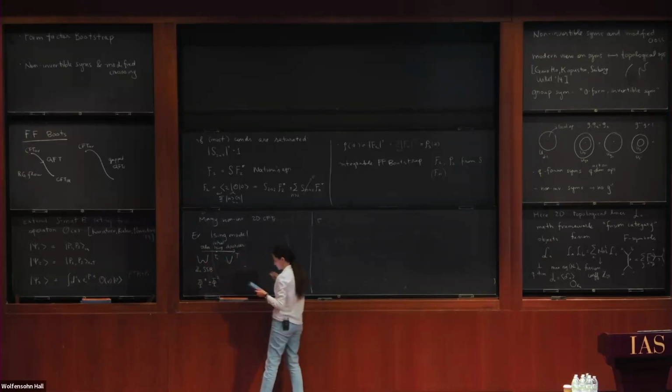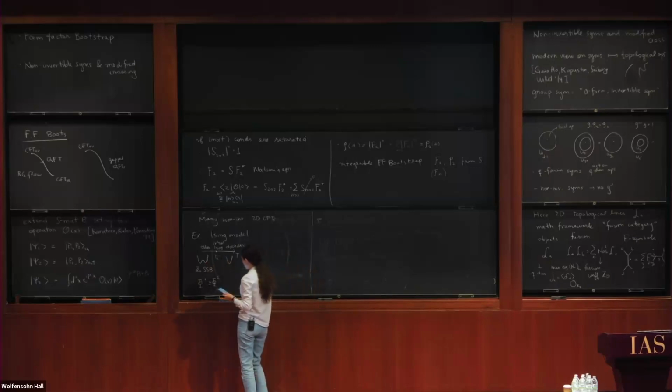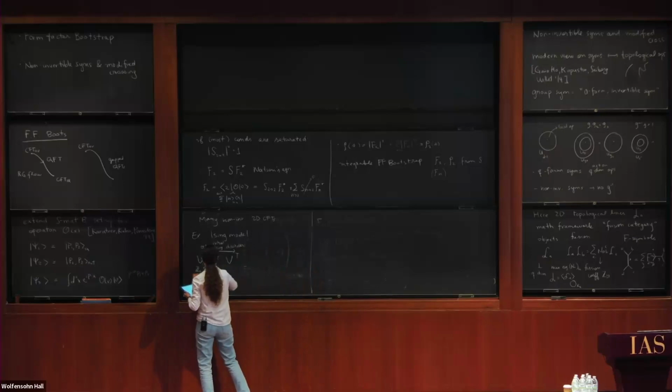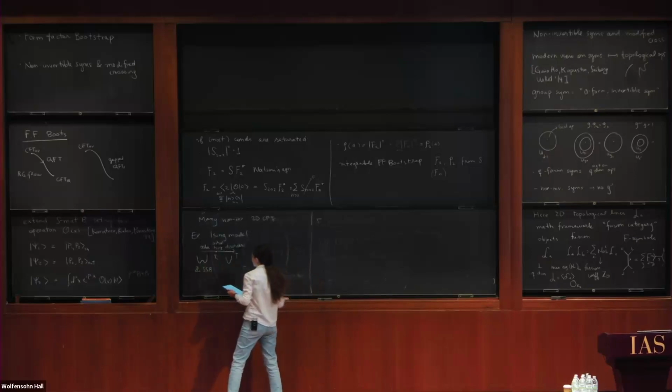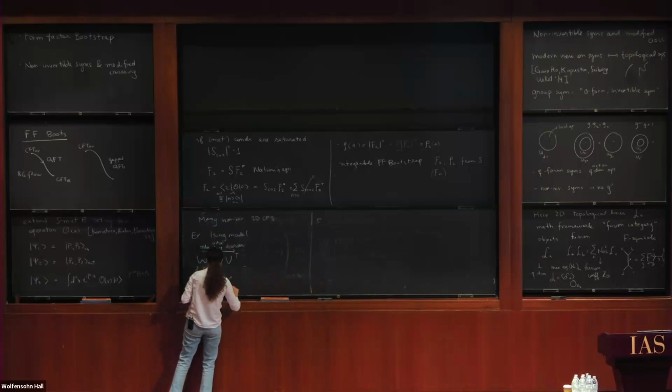That gives you these two potentials. And maybe you've heard that there's actually a duality between the low and high temperature phases called Kramers-Wannier duality.